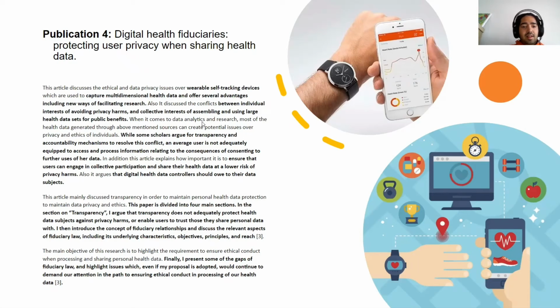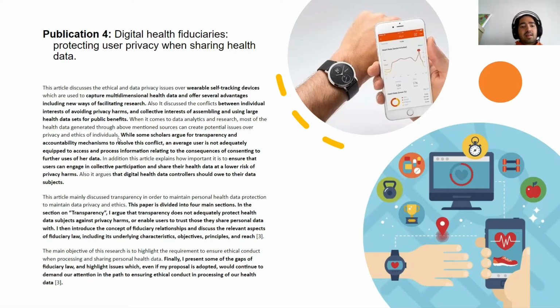So when it comes to data analytics and research, most of the health data generated through the above mentioned sources can create potential issues over the privacy and ethics of individuals.